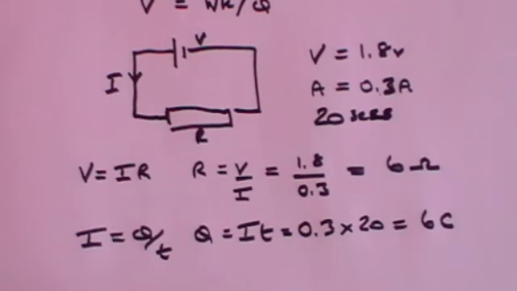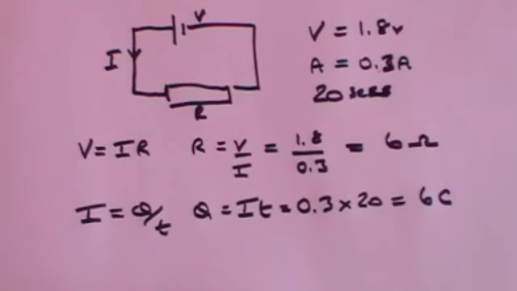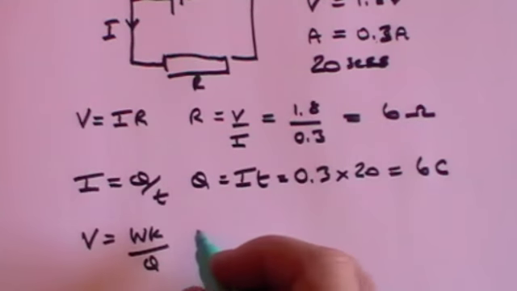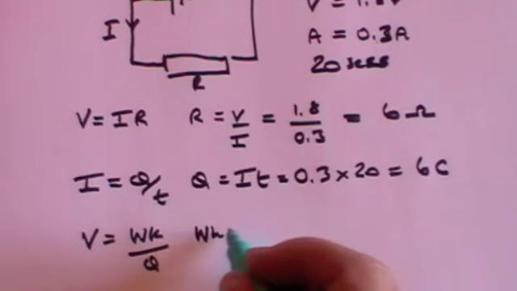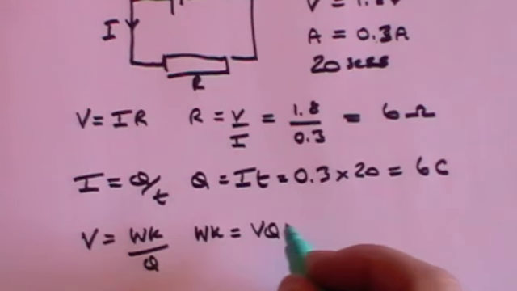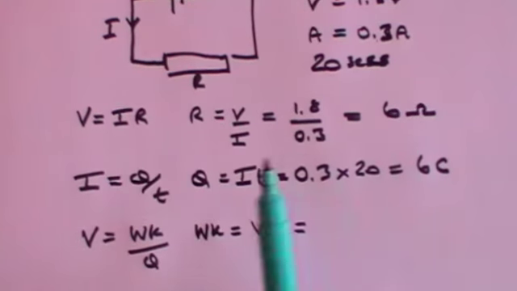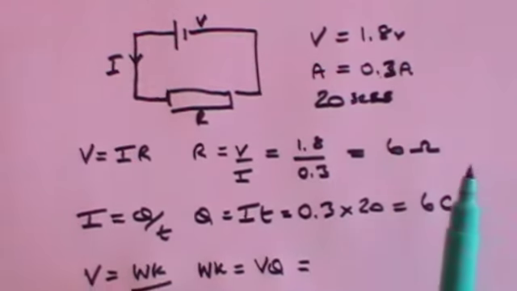And the final question is, what is the work done by the battery to drive that charge through the circuit? And once again, we remember that the definition of voltage is the work done per unit charge. And so consequently, that gives us that the work is equal to the voltage times the charge. The voltage is 1.8 volts.